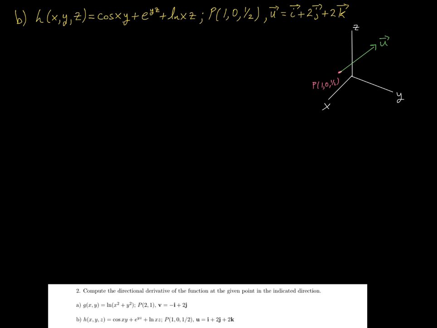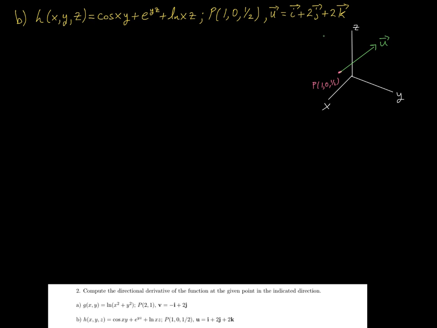Now, first off, what is the appropriate interpretation of the directional derivative in this context? For functions of 3 variables like this, it's natural to think about these as telling us something about a distribution of some type of quantity. Let's say, for example, h is measuring temperature throughout a room.